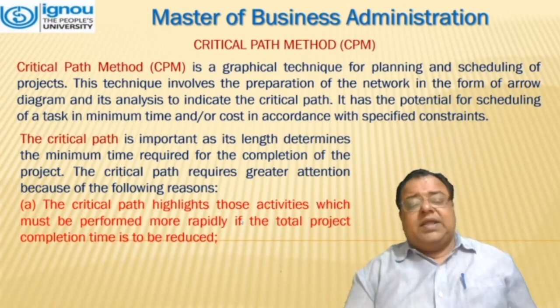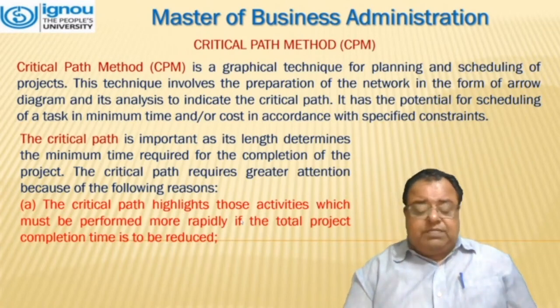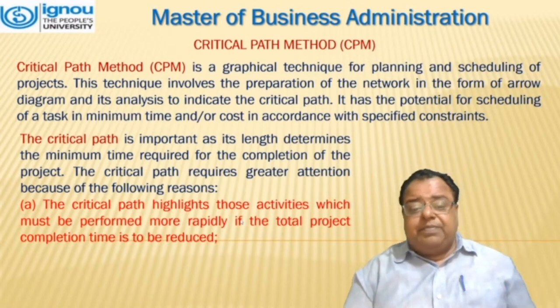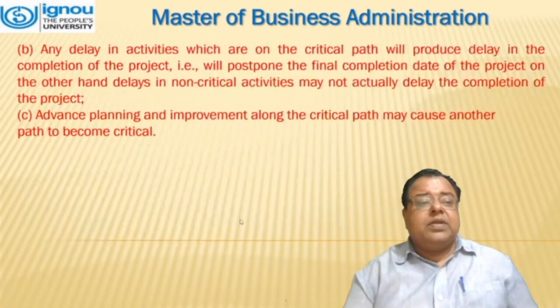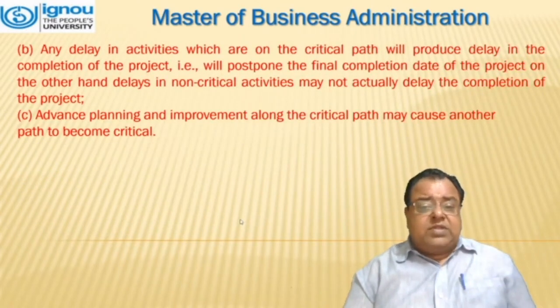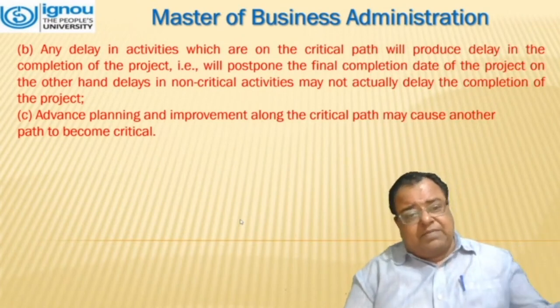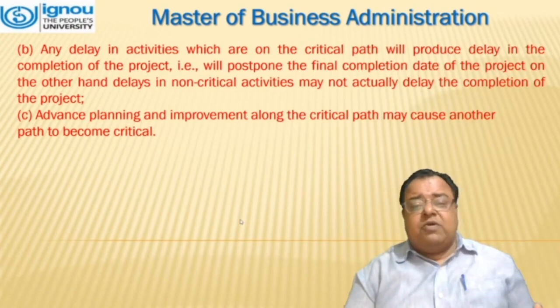First, the critical path highlights those activities which must be performed more rapidly if the total project completion time is to be reduced. Second, any delay in activities which are on the critical path will produce delay in the completion of the project, that is, it will postpone the final completion date of the project.